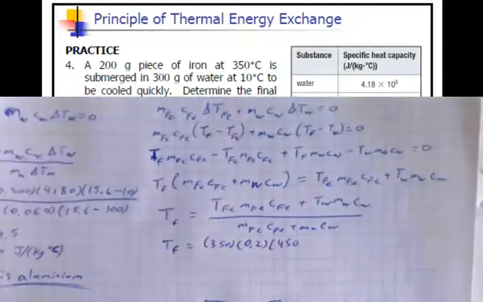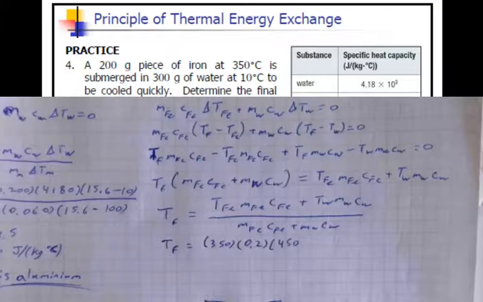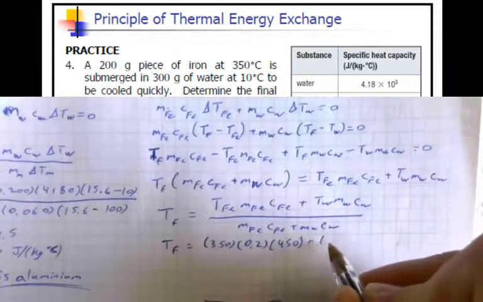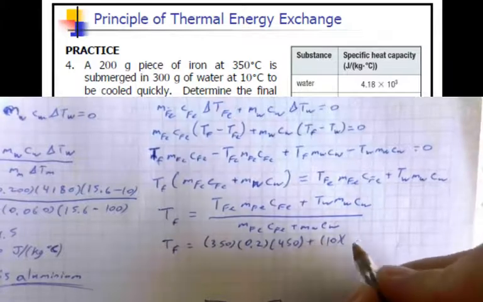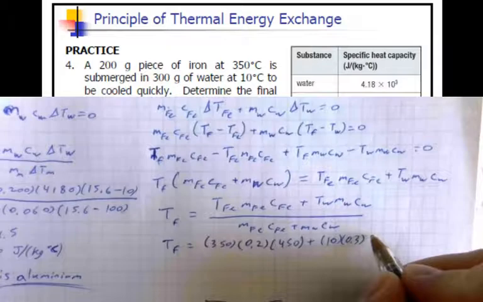And I'll just quickly turn this off to show you. It's right here. 450, 4.5 times 10 to the power 2. The initial temperature of the water is 10. The mass of the water is 0.3, 300 grams.